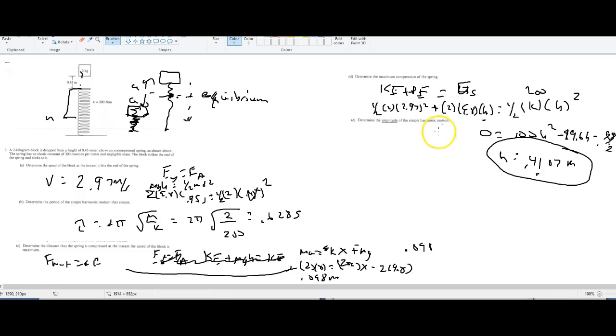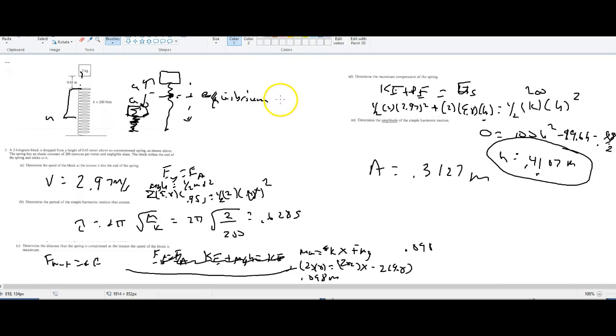It's going to oscillate up and down a distance of 0.3127 meters. Now, some of you noticed there's a negative solution. If you take this number and subtract off 0.098, you're going to get the other number that was the other spot. Okay, that's the two places where the energy would be 0.